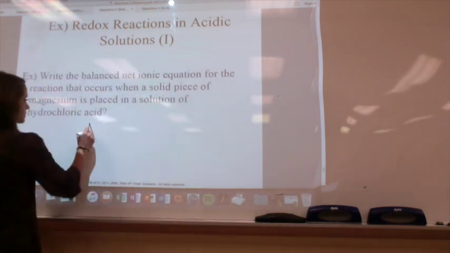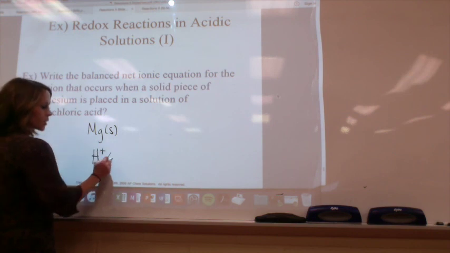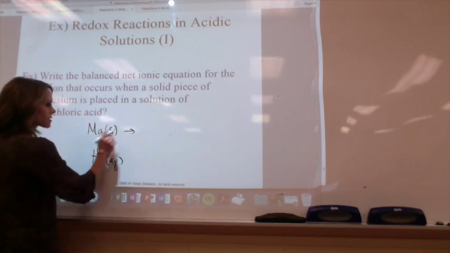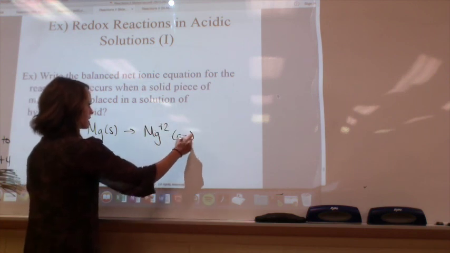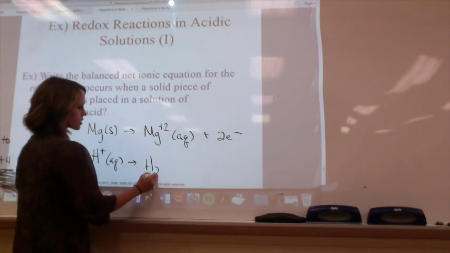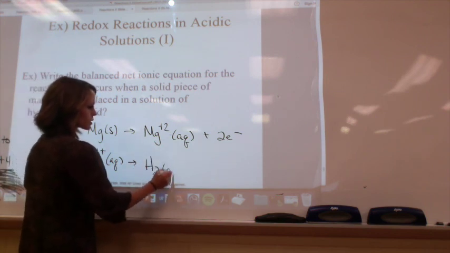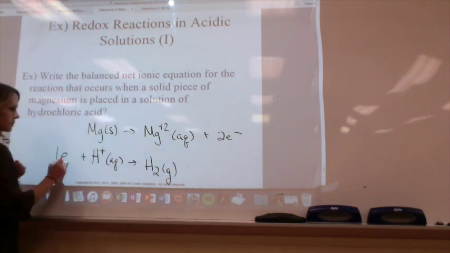So we have magnesium, solid, and we have H+, aqueous. So you have to obviously oxidize this, and the only charge you know is magnesium +2, and this loses 2 electrons. And then this obviously has to get reduced into elemental form, which would be 0, hydrogen gas, and then this has to gain 1 electron.